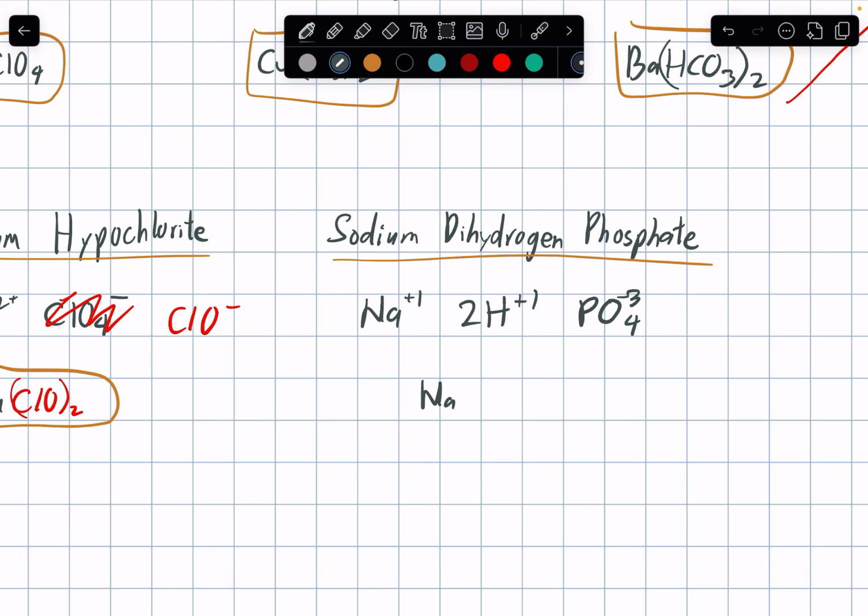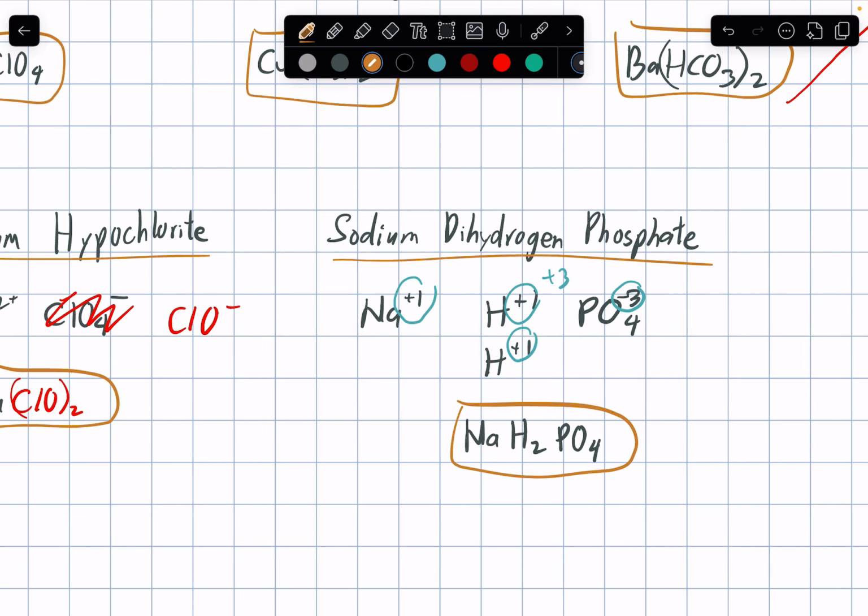So Na, H2, PO4. Okay, here is what's going to happen. Since dihydrogen, we'll have 2 hydrogens, so that makes plus 3. In phosphate, we have a negative 3, so they neutralize each other. So what we have here is going to be this. So that's it.